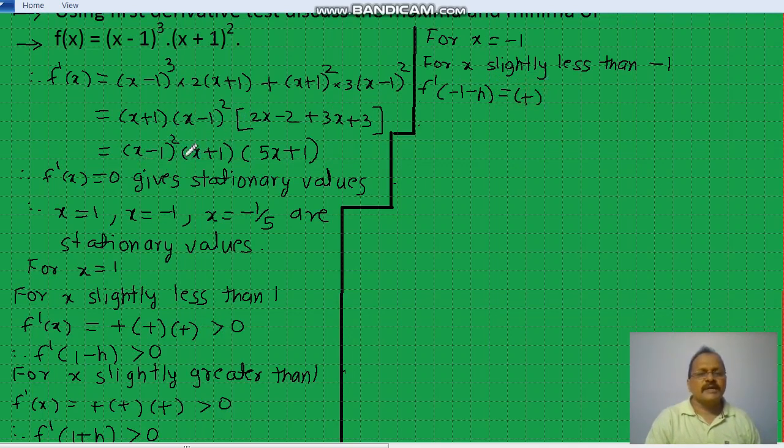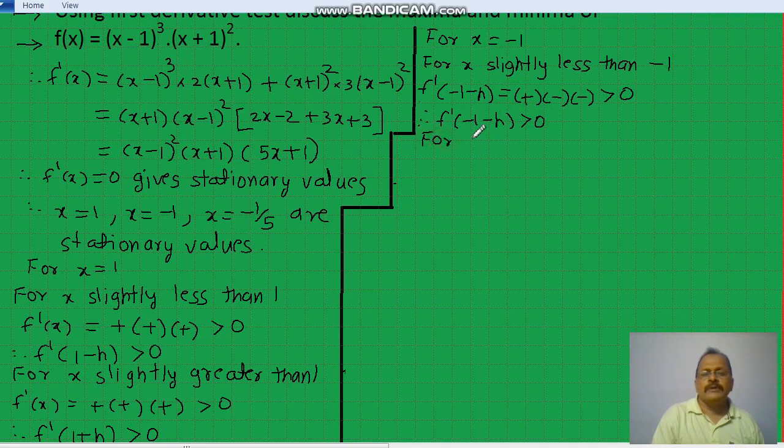Now a number less than minus 1 plus 1, it is a negative number, and a number less than minus 1, that is a negative number multiplied by 5, is less than minus 5 plus 1, it is a negative number. So positive, negative, negative gives me positive, and therefore f dash (minus 1 minus h) is positive.